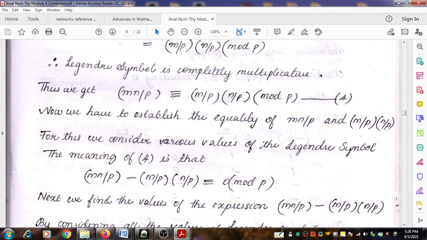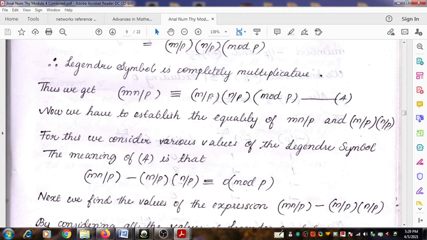So by combining, we have to consider all possible values for these three numbers, and compare the left hand side and right hand side by considering all these possible values, and establish the equality in all the situations.